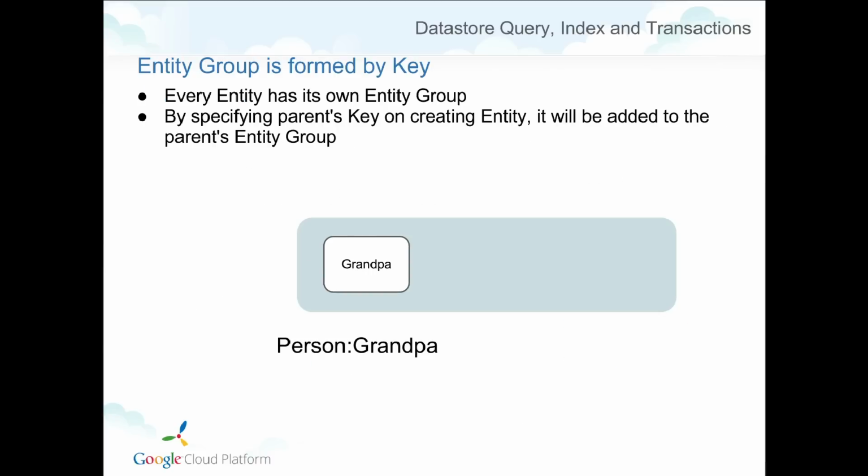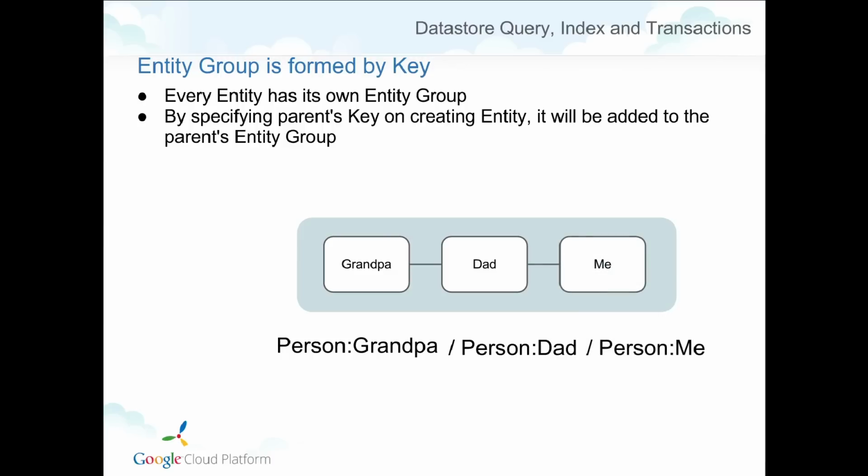A potentially confusing part is that the key of an entity is a very important part of clarifying this entity group relationship. If you're adding more and more children or successors to an entity, the successor would have an ancestor path. This is a totally new thing that was not used in traditional databases.